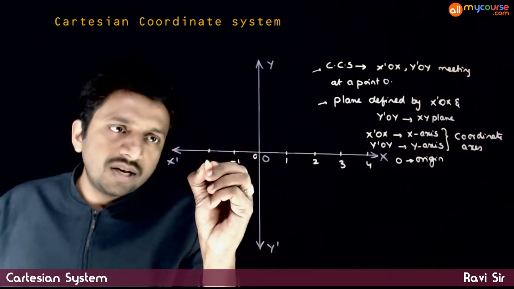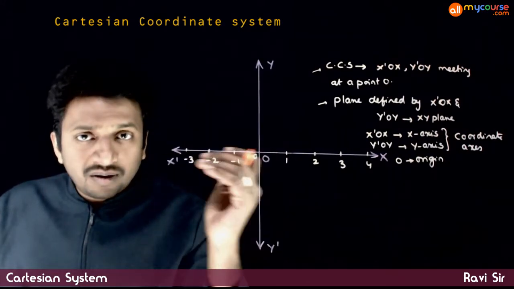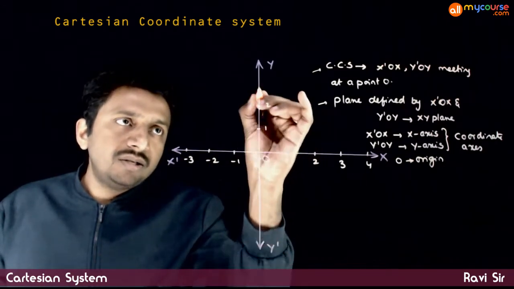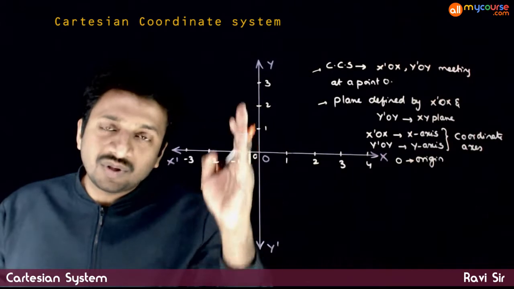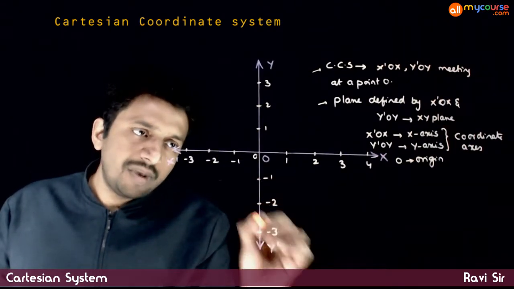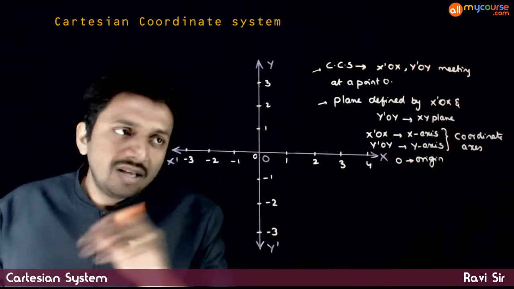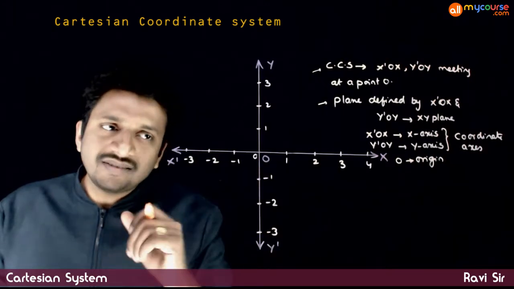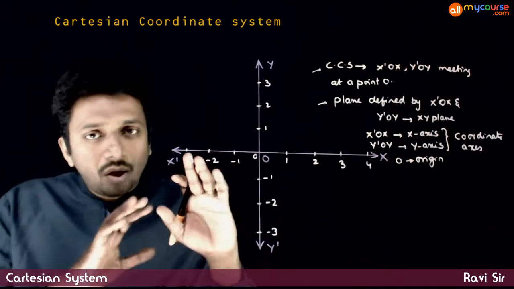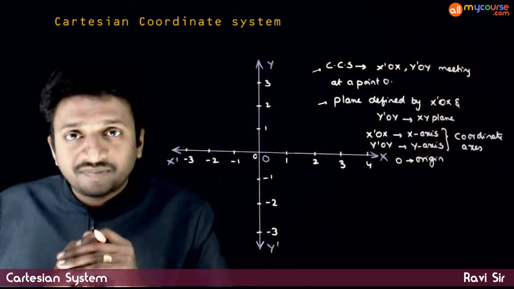And -1, -2, -3, and so on are the distances on the negative side of the x-axis. 1, 2, 3, and so on are the numbers on the positive side of the y-axis. -1, -2, -3, and so on are numbers on the negative side of the y-axis. So this is the positive x-axis, positive y-axis, negative x-axis, negative y-axis. And all these combined are called the coordinate axes.